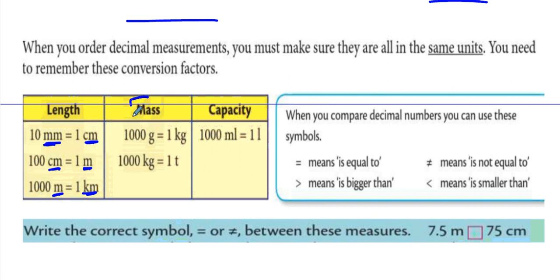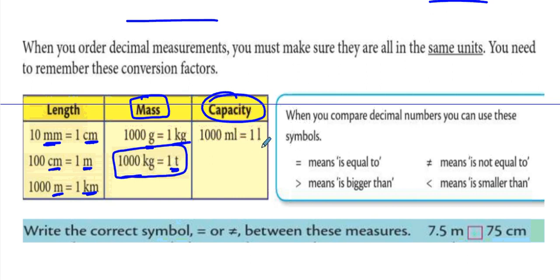For the case of mass, you have to know two fundamental units, kilogram and ton. 1 kilogram equals 1,000 grams. But so many students fail to remember that 1 ton equals 1,000 kilograms.